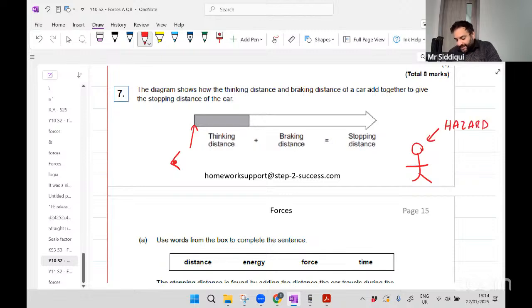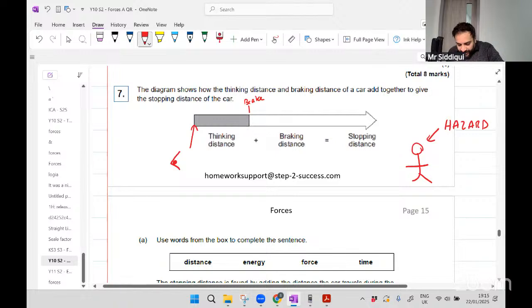So it begins at that point when you see it. Once you've seen it, the next thing that you need to do is get to the brakes. Now, your car will be moving while you process that information, because we all have a reaction time. And in that time, you will travel a certain distance. That distance is called the thinking distance.